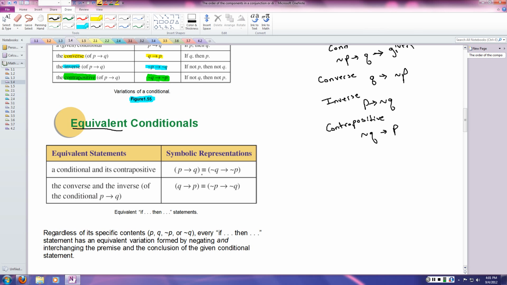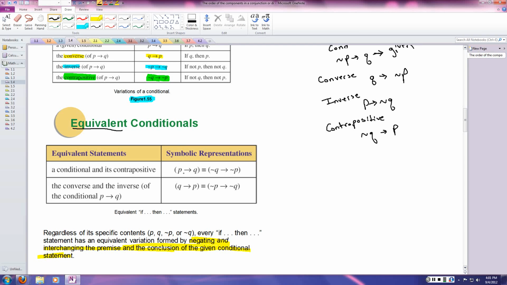So you notice, regardless of the specific content, every if-then statement has an equivalent variation formed by negating and interchanging the premise and the conclusion of the given conditional statement.